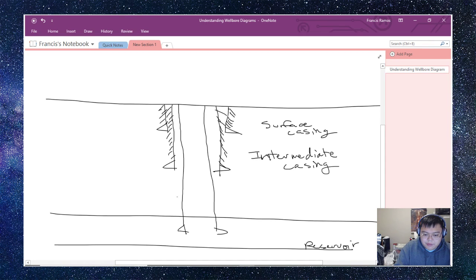You pump your cement, displace it with your drilling fluid, or mud, and now you have over here, where's my cursor, the production casing.